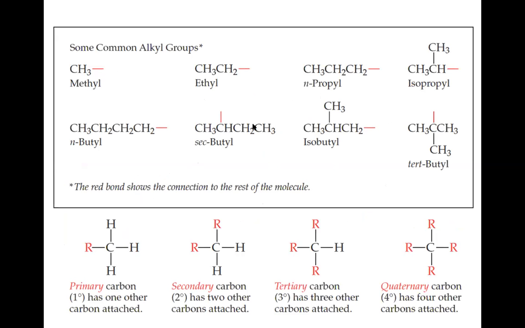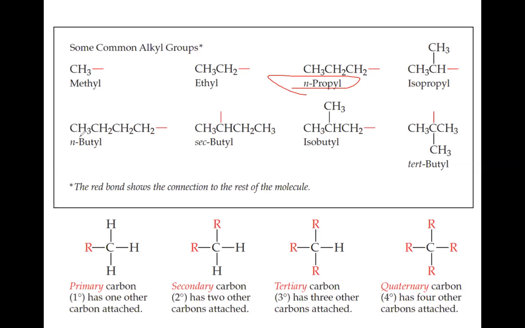So now here are some common alkyl groups that we'll talk about a lot because they tend to be substituents of larger molecules. So we have methyl, ethyl, and then we get into n-propyl, which is what we talked about in the last slide. It's just a propyl group that attaches to a molecule using one of the end carbons, versus isopropyl, where it attaches to the middle carbon.